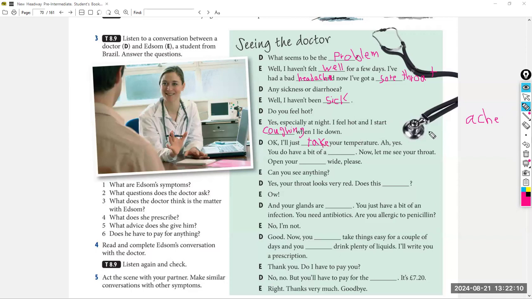Okay, Yes. You do have a bit of a fever. you do have a bit of a fever. Okay, now, Now, let me see your throat. Open your mouth wide, please. so open your mouth wide, please.